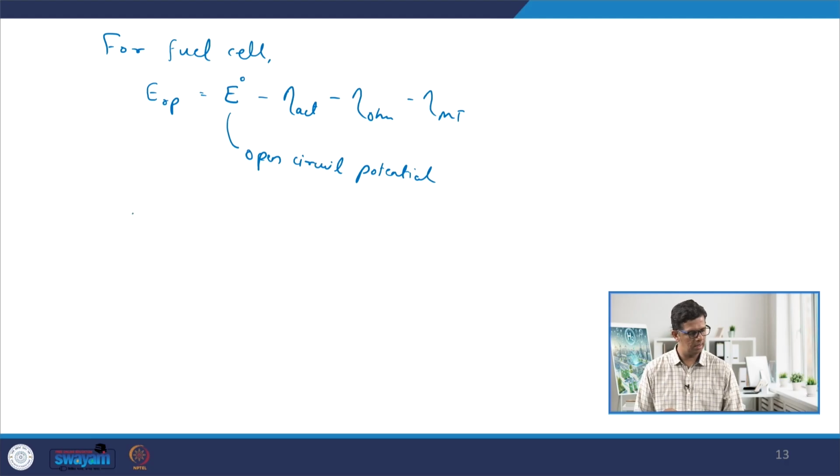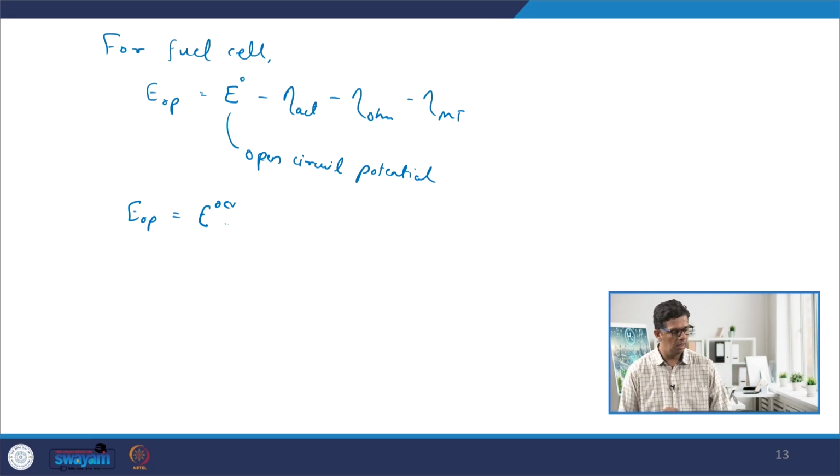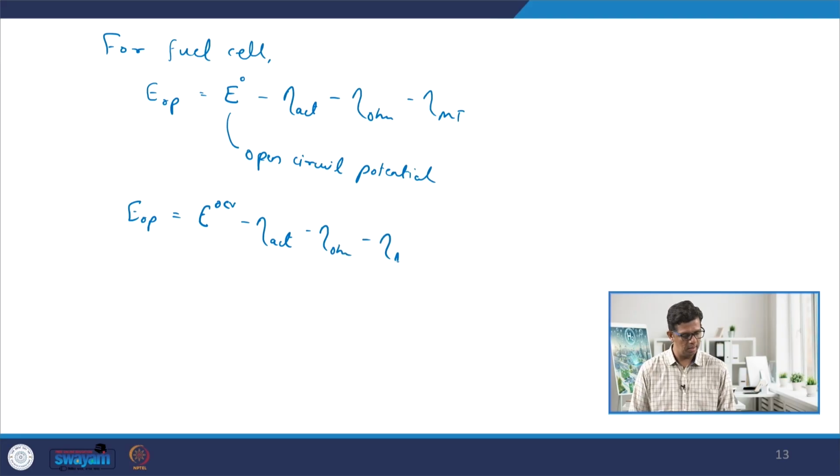So, I can write this E operating, that is operating potential is nothing but E OCV, which is typically 1 volt in case of low temperature hydrogen oxygen fuel cell, minus these 3 overpotentials, eta activation, eta ohmic, minus eta mass transfer. And as we know, in case of fuel cell, this eta is E naught minus E, which can be written as E OCV minus E, and E is E operating potential.